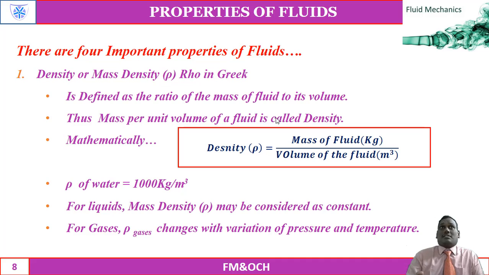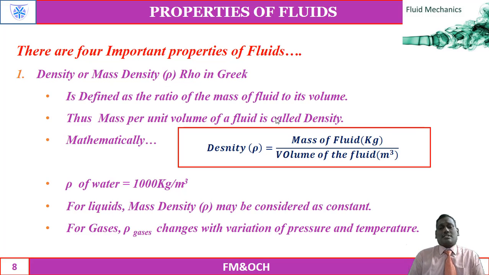So density is mass per volume, that is kg per cubic meter. For example, if I ask you the density of water, it is 1000 kg per cubic meter.